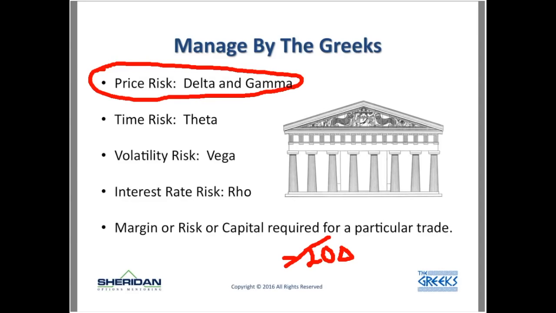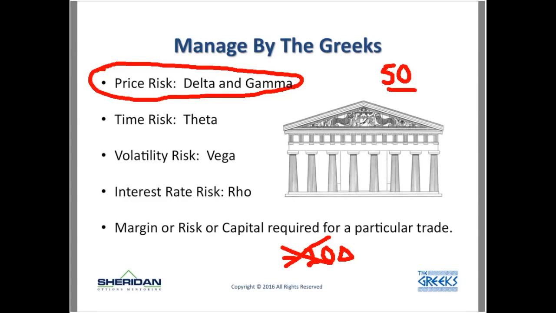Let me give maybe an easier example. If your position deltas are 50, think in terms of stock equivalent, especially for a smaller move. So if I'm 50 deltas long and we go up $1, I make 50 bucks. Just like if I was long 50 shares of stock, if it goes down $1, I lose $50.